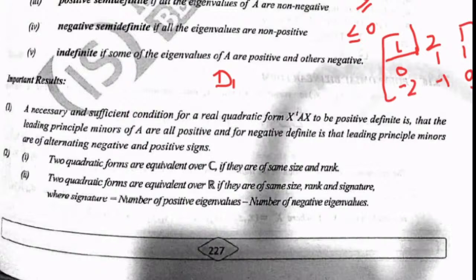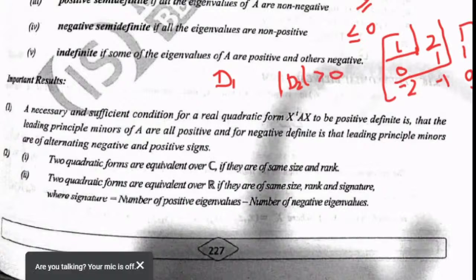Considering D2, the determinant is 1 minus 0, which is also greater than 0.